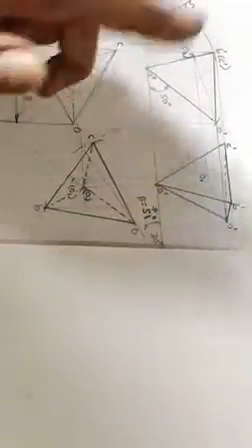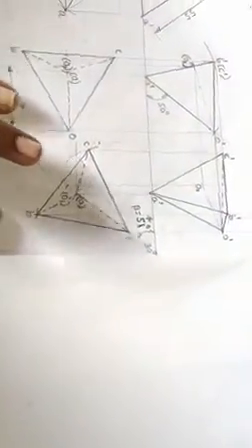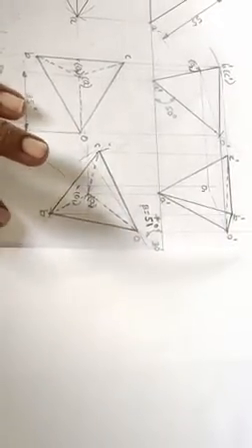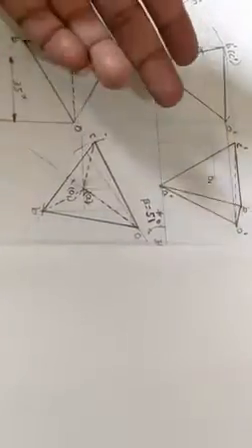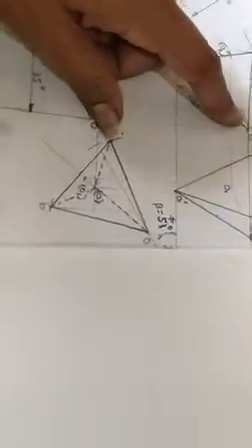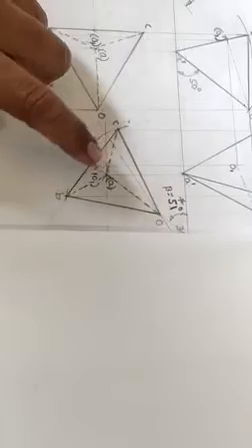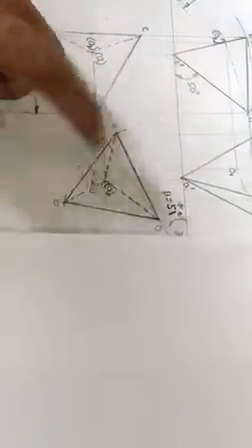Now I have to draw the other lines. The observer is over here. For him, triangle ACB is visible. If you are looking from here, triangle BAO is also visible.